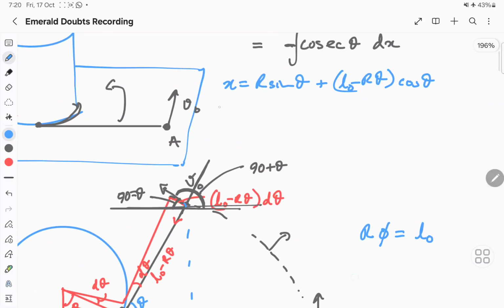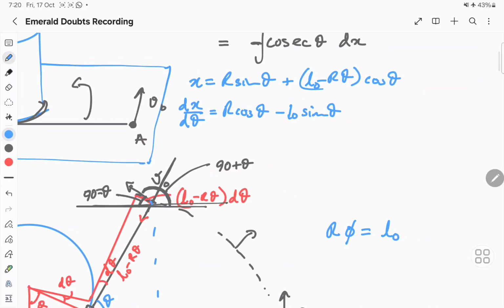So let's check what is dx in terms of d theta. So we'll differentiate it. So r sine theta becomes r cos theta. L0 cos theta becomes a minus L0 sine theta, and a minus r theta cos theta gives us two things.